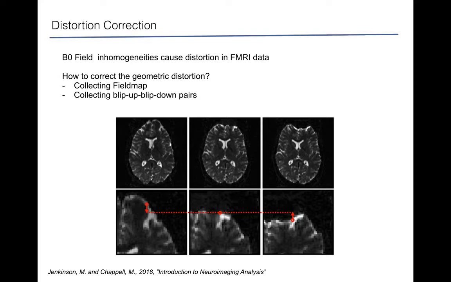Let me say this first: they are worse in the areas that are filled with air, like around sinuses. So if you're interested in studying regions close to that, then you probably have to change your imaging parameters to basically minimize the distortion in that area.